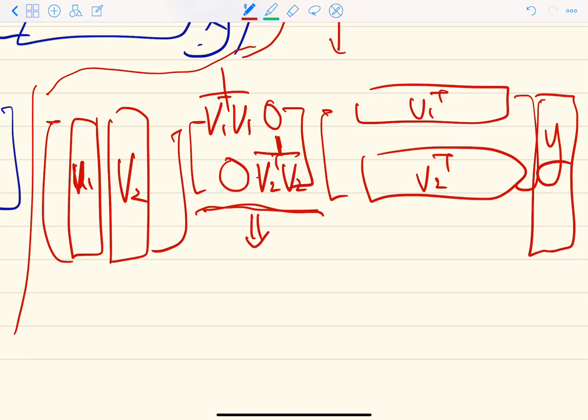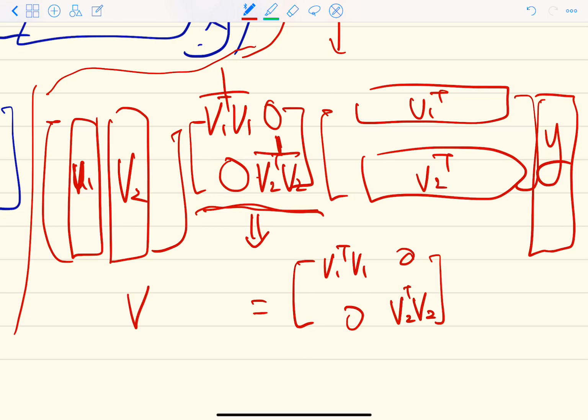So yeah, let's consider this guy, V1 transpose V1 and V2 transpose V2 and 0 0, and we saw this form earlier. How about representing it into this form, V2 V transpose and V?